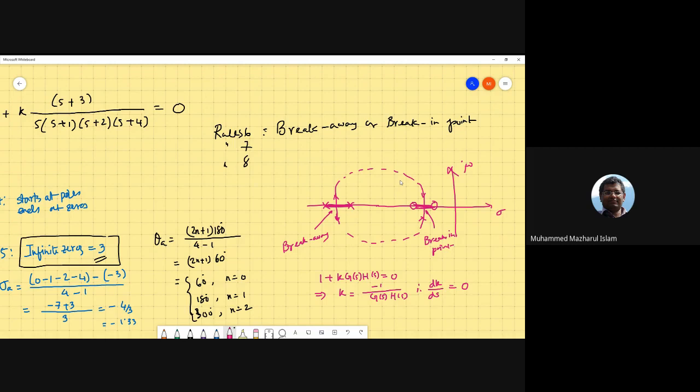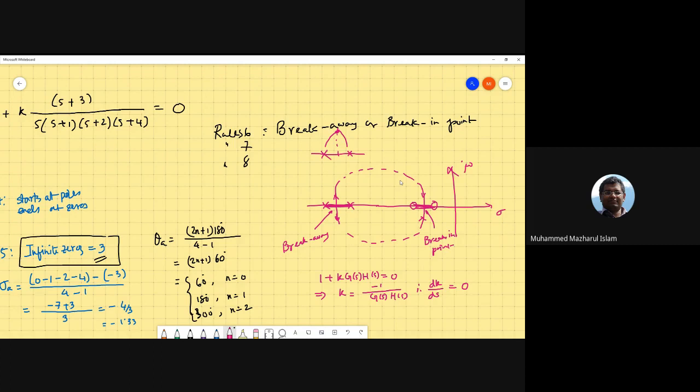Now why is this, how did this come by? Well, actually it's seen that if you look at the gain values between the two pole positions, the gain value at the breakaway point is maximum.